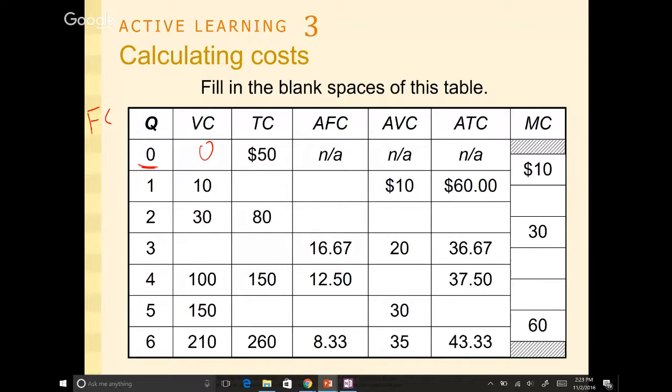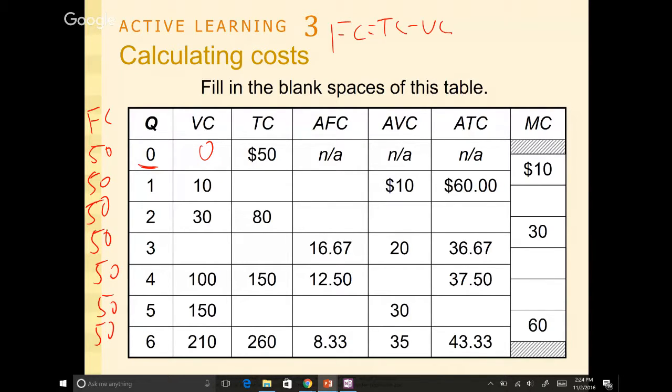Your total cost is 50, so your fixed cost is just total cost minus variable cost, 50 minus 0 is 50. And remember that for fixed cost, it doesn't matter how much you produce, it's always the same. You produce 0 is 50, 1 is 50, 2 is 50, 3 is 50. So it's 50 all the way.